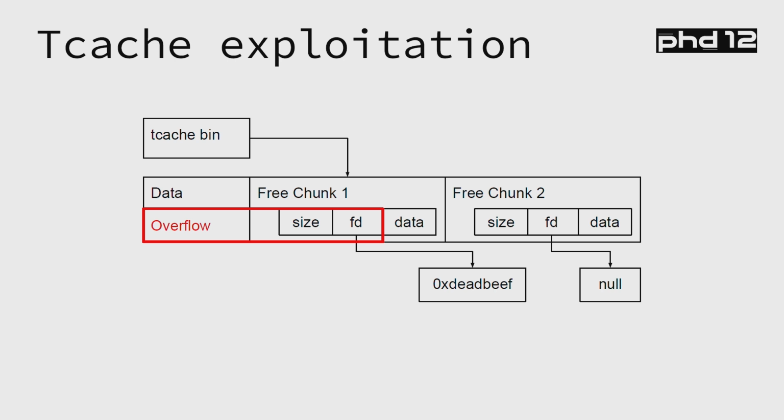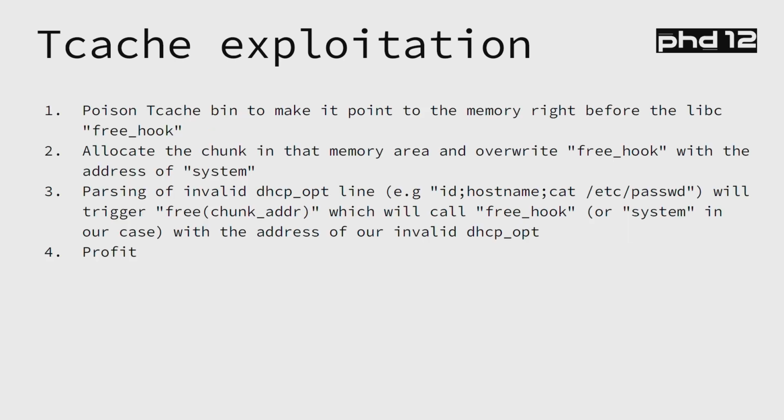Now, if we can use this data to overwrite pointers to the next element in the free chunk, and then we do 2 allocations. The first allocation from this Tcache will be allocated on top of free chunk 1, while the second one will be allocated using the address of deadbeef, the one that we previously proffered, so to speak.